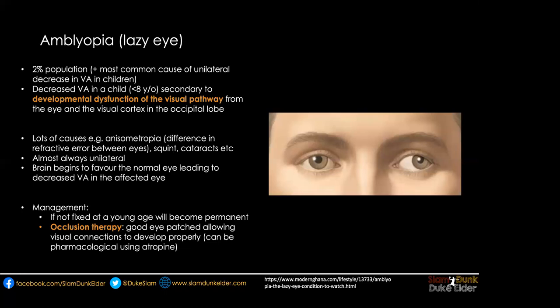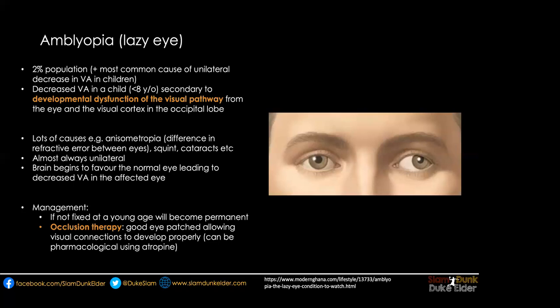What we tend to do is use occlusion therapy. So we cover the good eye with a patch to encourage the visual pathway to develop better in the eye which is affected. In the UK, we put a cover over the eye.